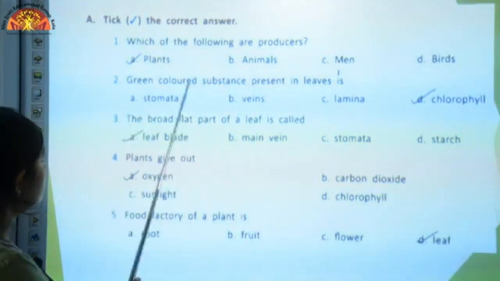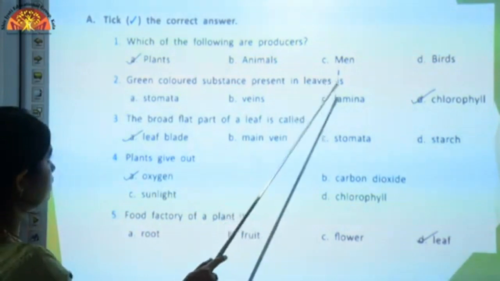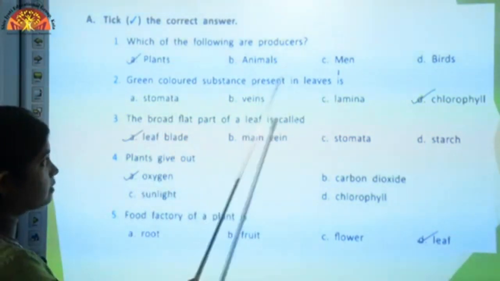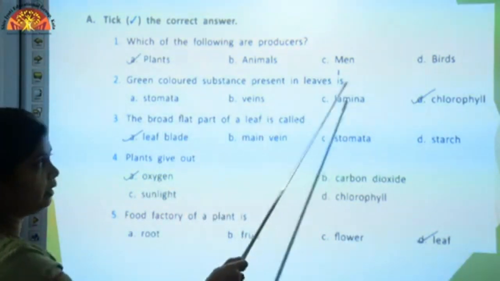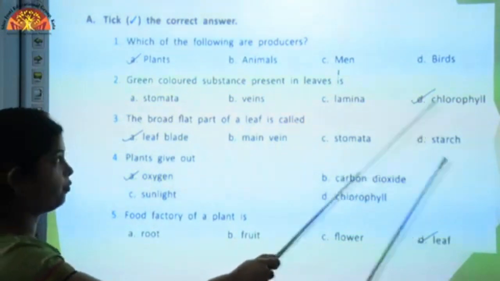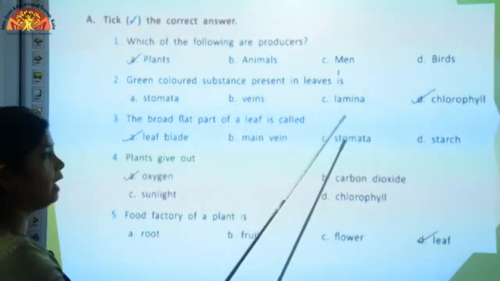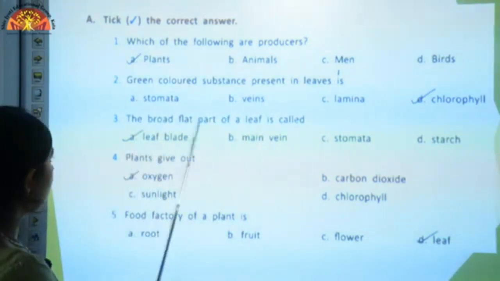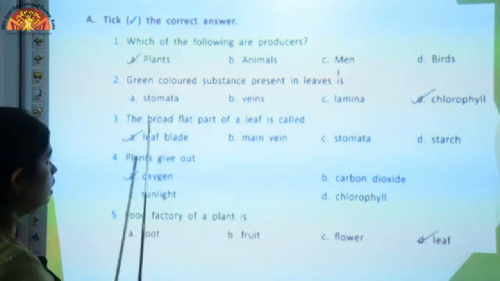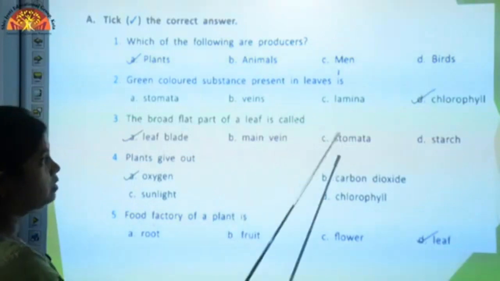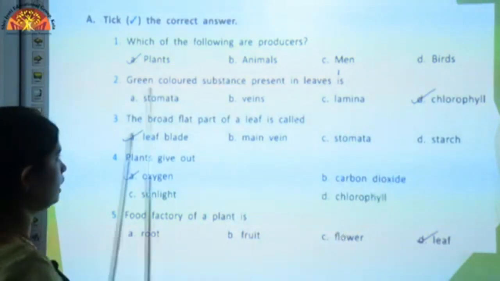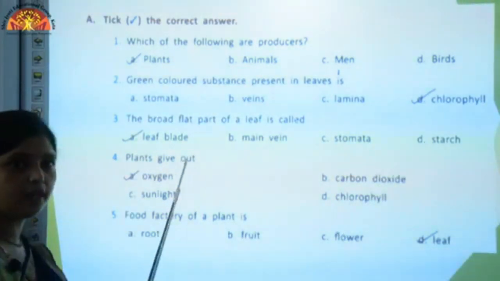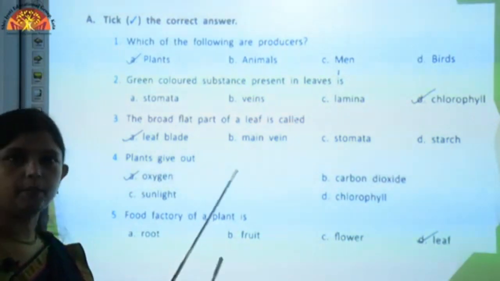Then green colored substance present in leaves is stomata, veins, lamina, chlorophyll. Here the correct answer is chlorophyll. Stomata, veins and lamina are the parts of a leaf. The broad flat part of a leaf is called leaf blade, main vein, stomata or starch. Here the correct answer is leaf blade and it is also called leaf lamina.